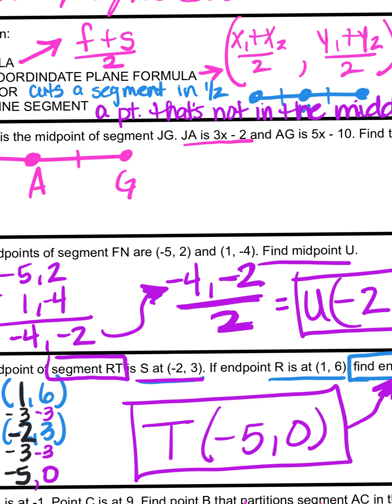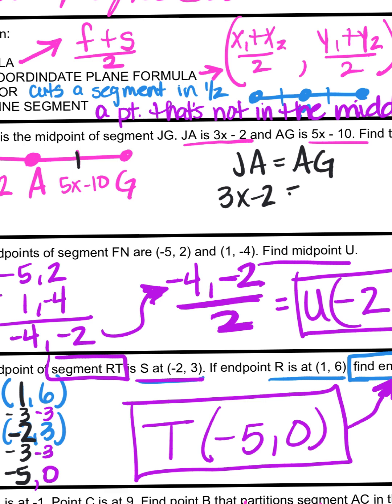Since JA is 3x minus 2 and AG is 5x minus 10, I know from my video we talked about JA is equal to AG. So since I know those two pieces are equal because it's a midpoint, I know that 3x minus 2 is equal to 5x minus 10.